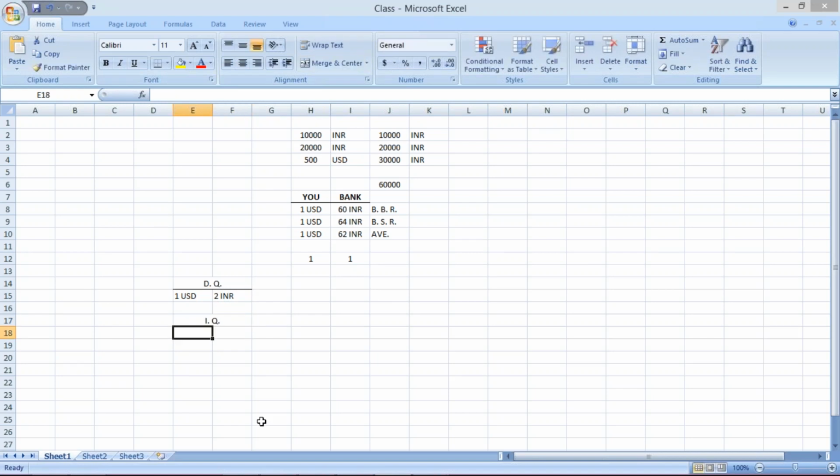Indirect quotation means explaining the value of our local currency. So 1 USD equals 2 INR, so 1 INR equals how many USD?